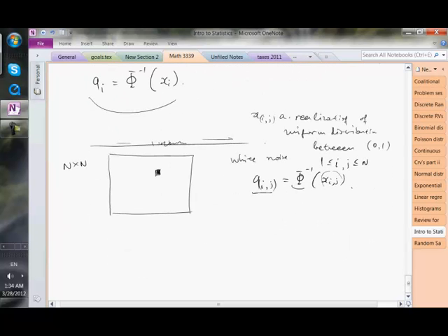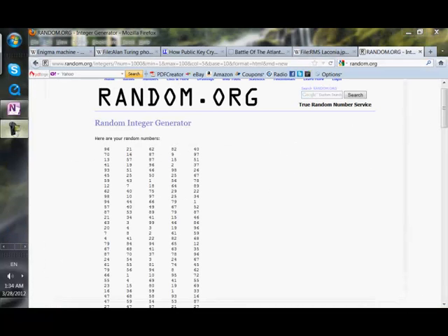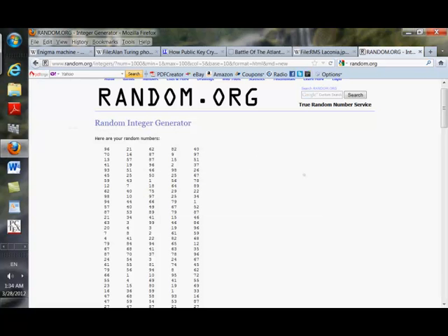Random numbers have played a very, very important role in cryptography, and there are lots of things I can actually say about cryptography. I'm not going to say a lot because it's getting late, but it played a very big role in the Second World War, and subsequently the Enigma machine was one of the tools.